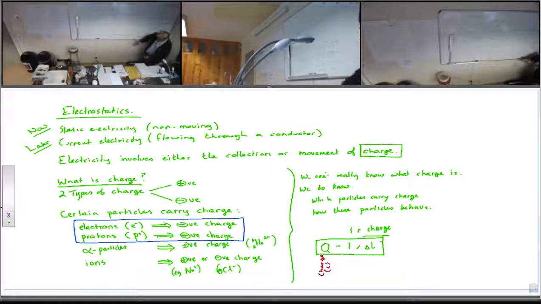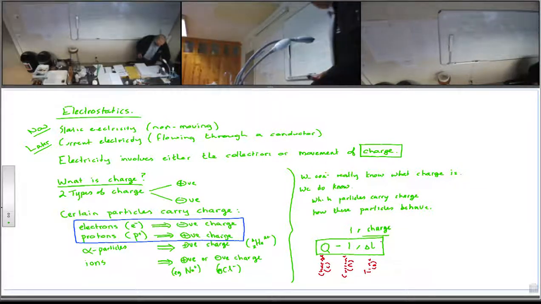Coulombs. Thank you. I is current, and it's measured in amperes. Delta T is the time that has gone past, and that is measured in, how do I abbreviate seconds? Small s, please.